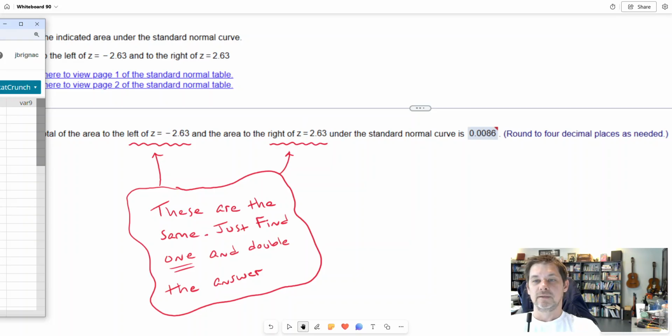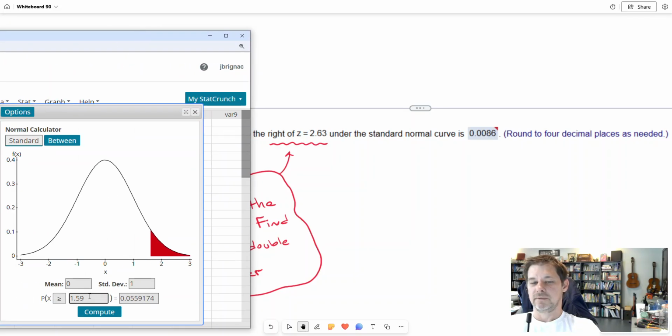So how about this? I have it set to right already. How about I put 2.63 in here, and what it'll give me is the area to the right of 2.63. And that turns out to be 0.042924. If I take that number that you see right there, and if I wanted to use my calculator, multiply it times 2, you'll get this number, 0.0086, rounded to 4 decimal places.